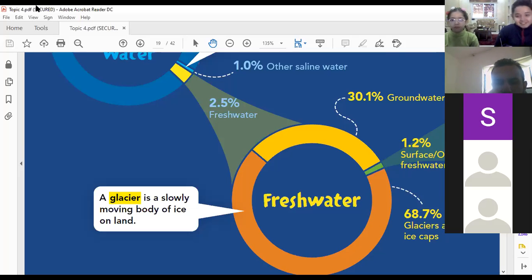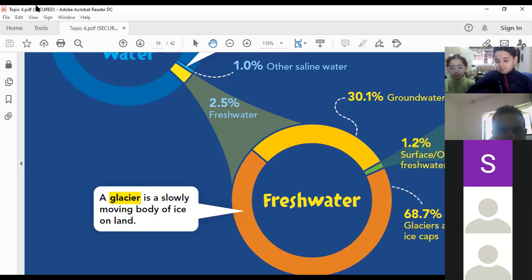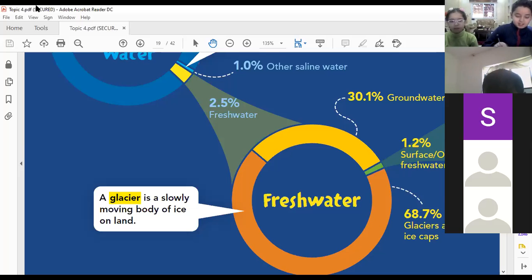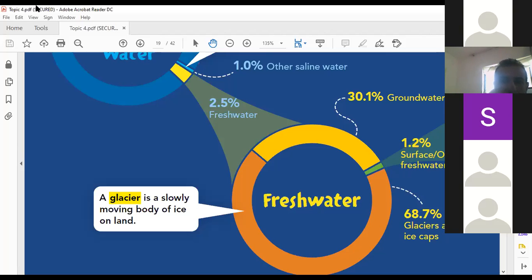Can anyone talk about water on Earth using numbers, using percentages? Okay, you can talk, please. 97.5 salt water, and 2.5 fresh water.